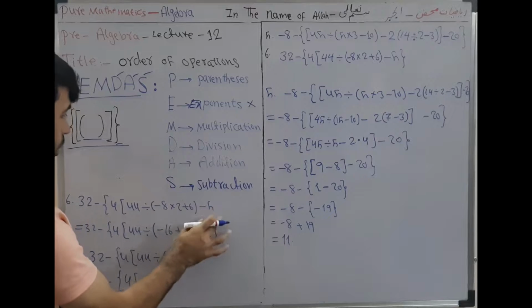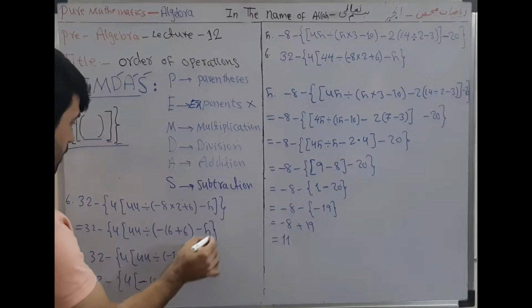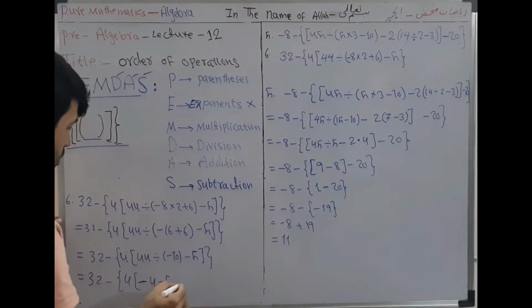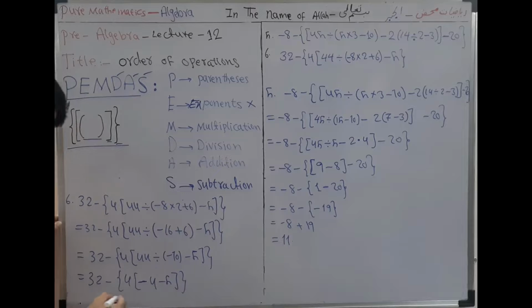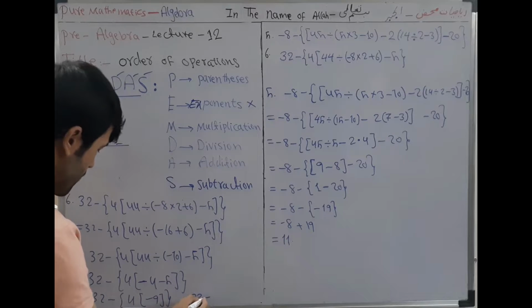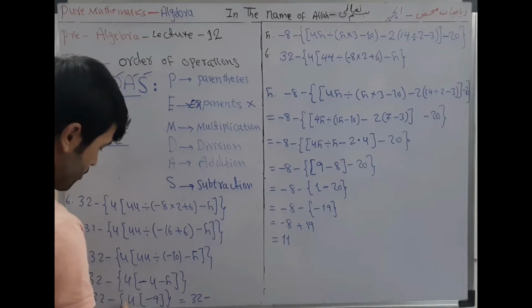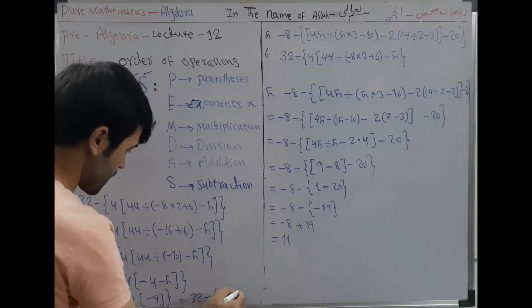Here also we have to write like this. It is equal to 32 minus 4 multiplied by 4 minus 5 minus 9. It is equal to 32 minus, plus multiplied by minus, 4 multiplied by 9, 36.